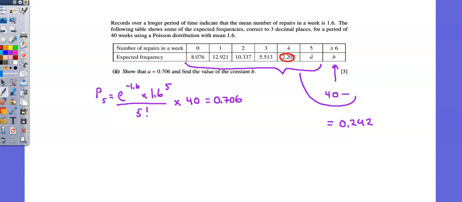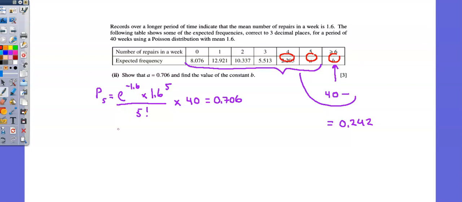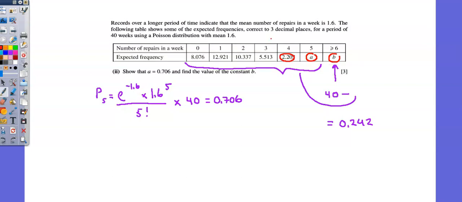Those are, I want to change to red, number of repairs in a week of 4, and 5, and 6. Those are all less than 5. So I'm going to roll those into the column that we have currently written as 3 and change that to 3 greater than or equal to 3.